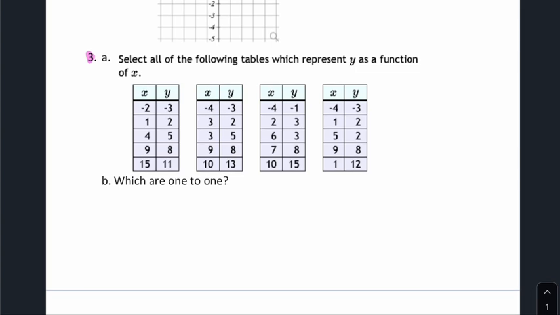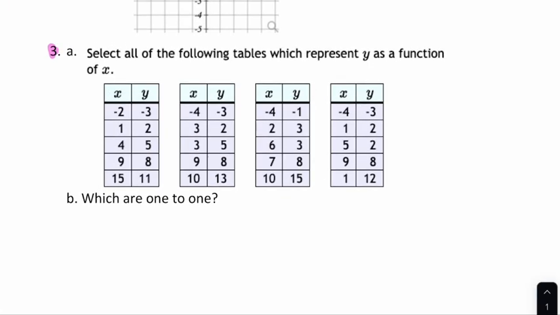Now let's look at 3A. It says, which of these tables represents y as a function of x? So just like before, if something passes the vertical line test, that means the x's did not repeat. So the problem I see with the first table here with our x's, I mean, there are no problems. The x's are all different.